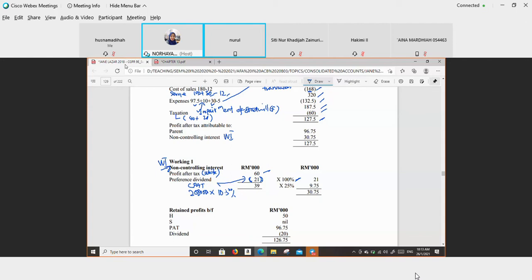Tadi yang kawan you tanya Hakimi tadi. Okay, kalau ini apa implication ni? Let's say the parent do not acquire any preference share, so all dividend goes to non-controlling interest. Betul tak Tira? Betul. So total preference dividend will belong to non-controlling interest lah.